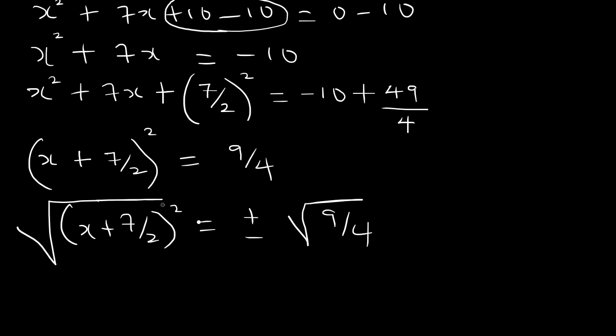Now, the essence of taking the square root of both sides is for us to eliminate this square here. So now, the square will cancel out with the square root. And we'll have x plus 7 over 2 is equal to plus minus the square root of 9, which is 3, and the square root of 4 is 2.